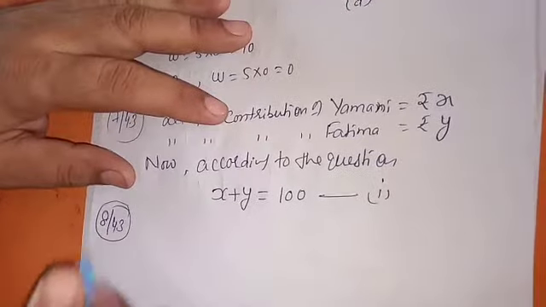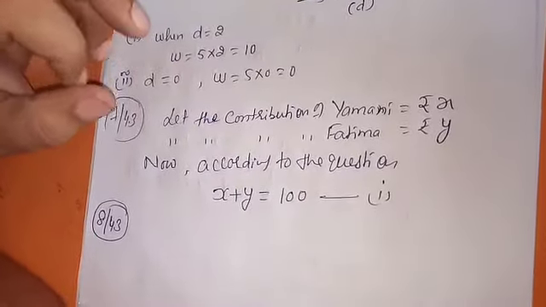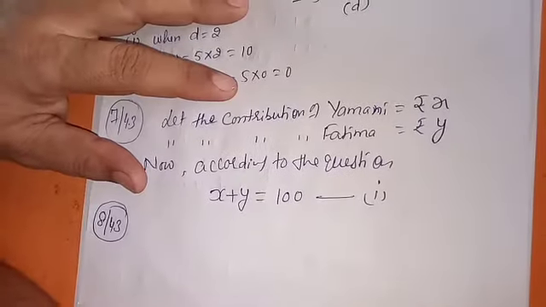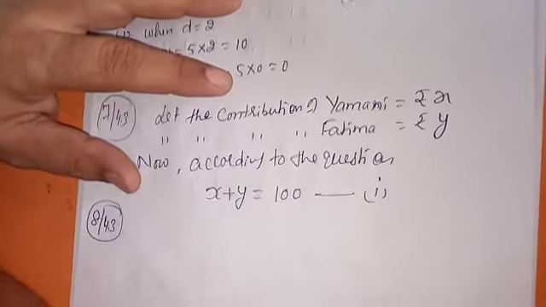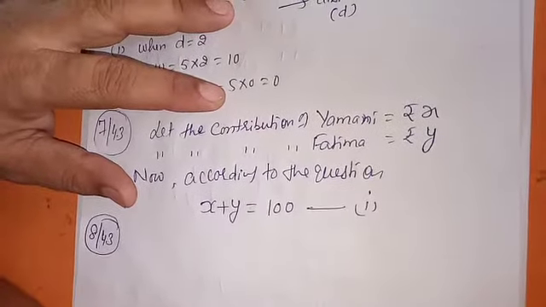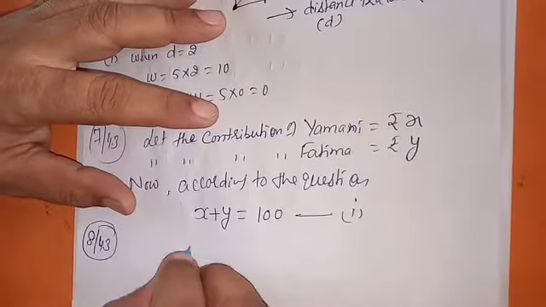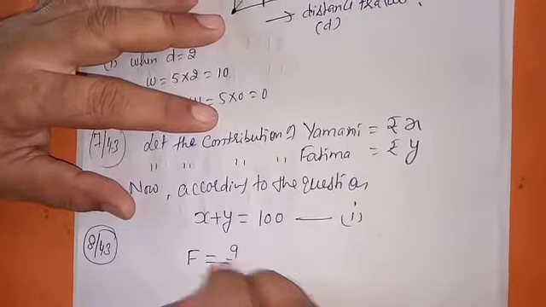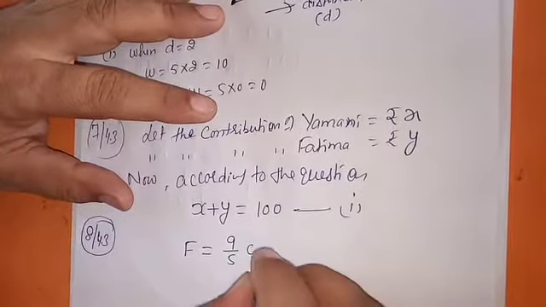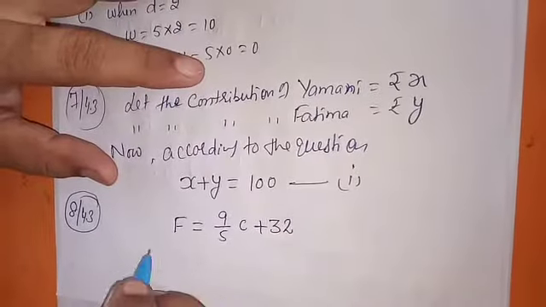Now question number 8, 4.3. In countries like USA and Canada, temperature is measured in Fahrenheit. In countries like India, it is measured in Celsius. Here is a linear equation that converts Fahrenheit into Celsius. Here given F is equal to 9 by 5 C plus 32.